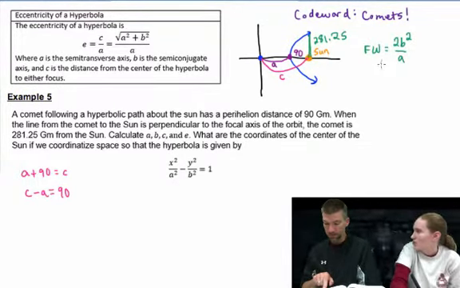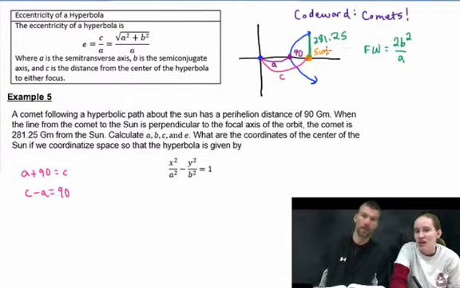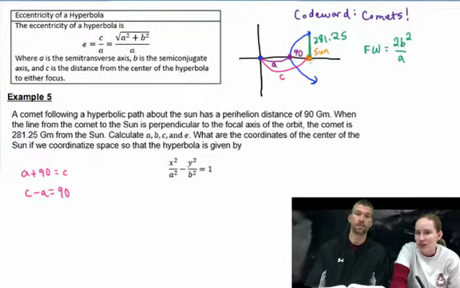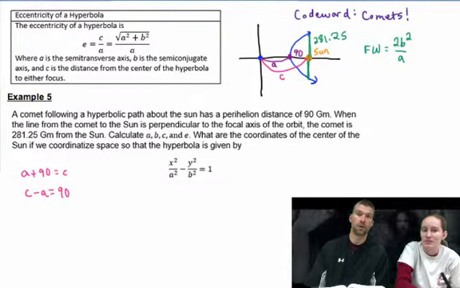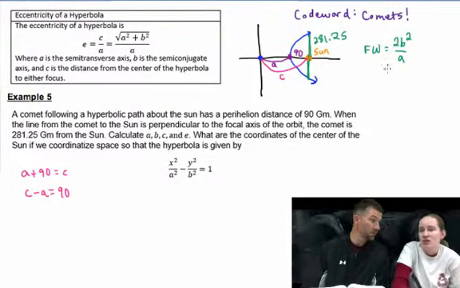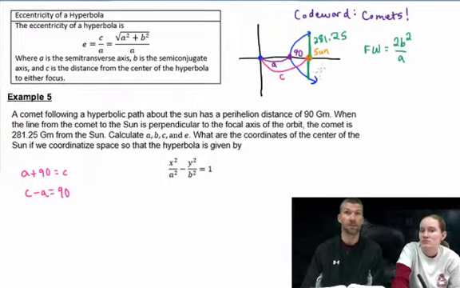I think we're going to get there from this. So 281.25 is half of our focal width, so to get our whole focal width, we need 2 times that, which only makes sense because we're going down the same distance that we went up.